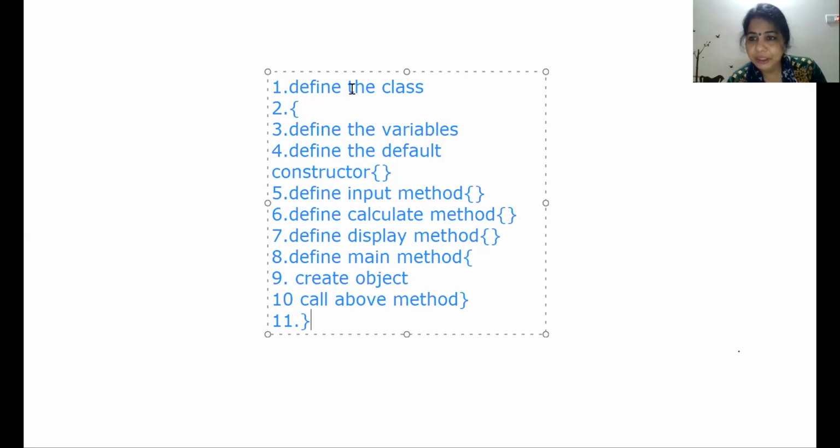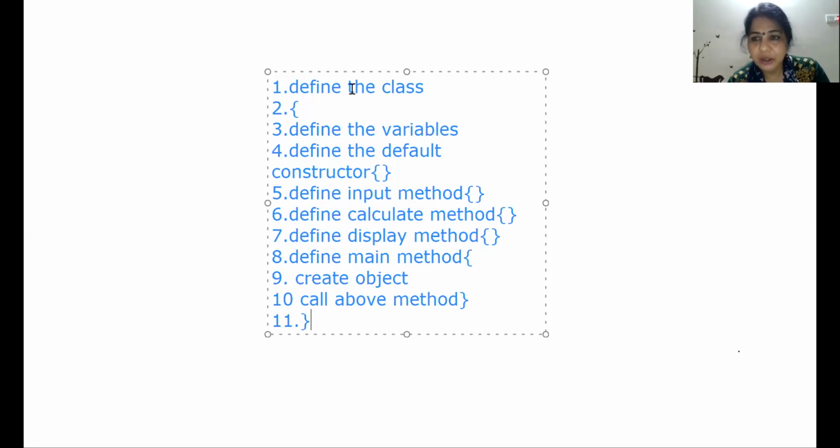Then the calculate method, where you calculate the discount and the final amount to be paid depending upon the conditions. Then the display method, where you display the bill in the proper format. And then define the main method, create an object and call the above methods using the object.